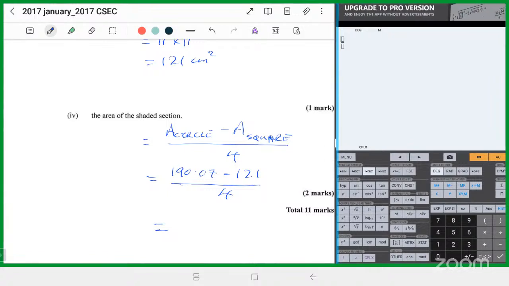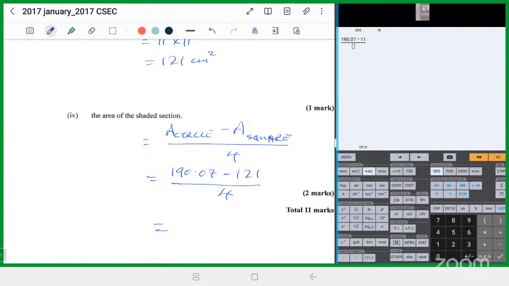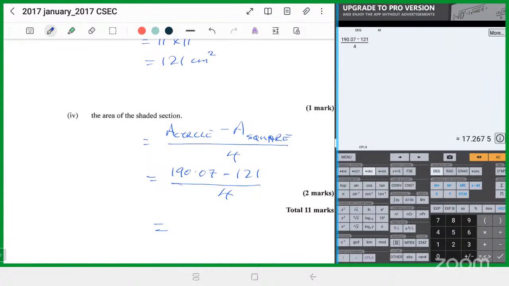So 190.07 minus 121, and divided by 4. And to 2 decimal places it would be 17.27 centimeters squared. That's the answer.